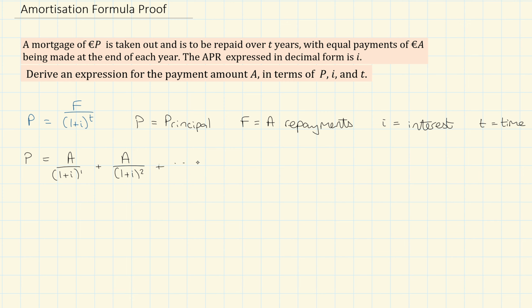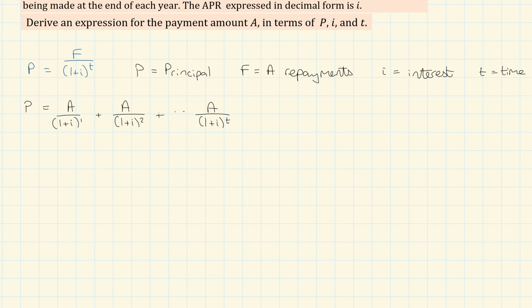So we'd have established our pattern there and so on. And I'd finish off as A over 1 plus I to the power of T. So T would be however many years. Then we know we have our sum to n formula. So we're just going through the process as usual, except this time we have letters instead of numbers, that's all.